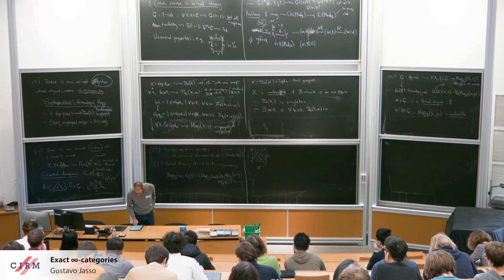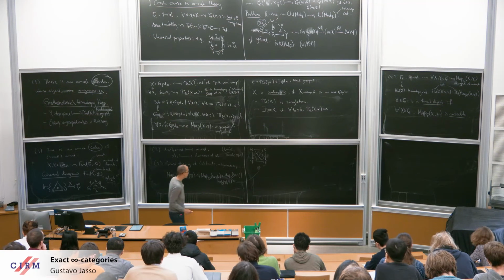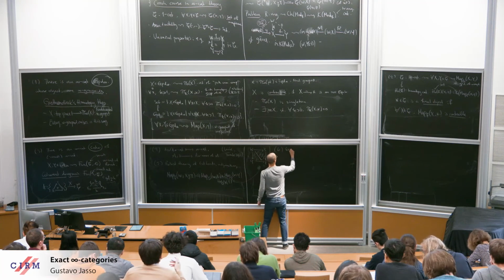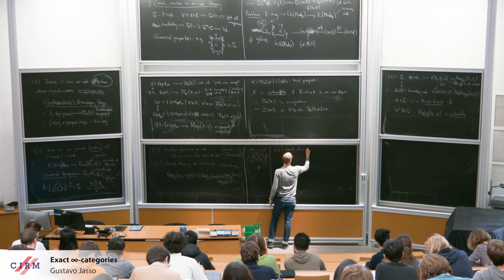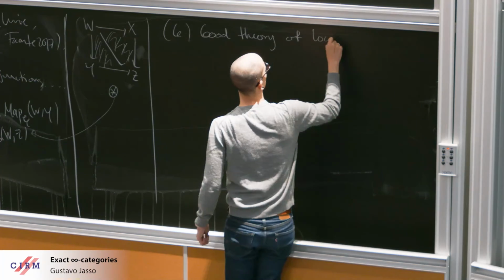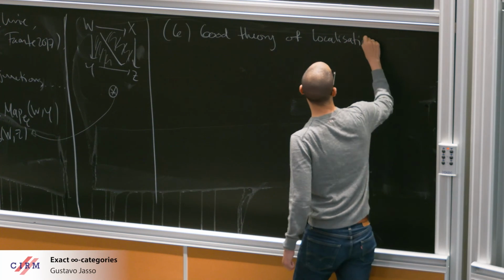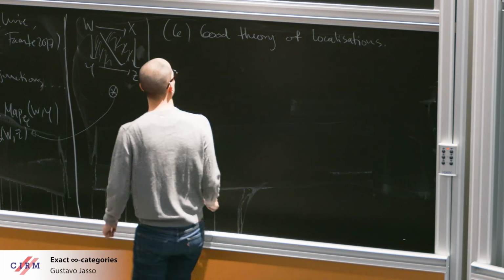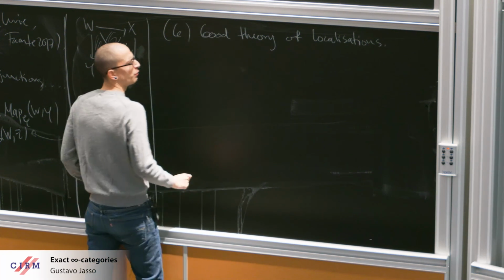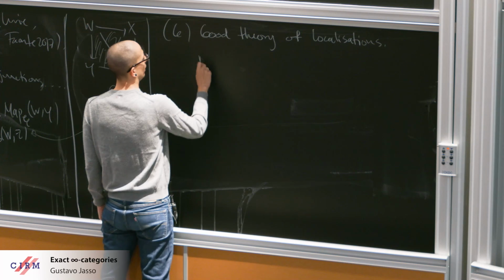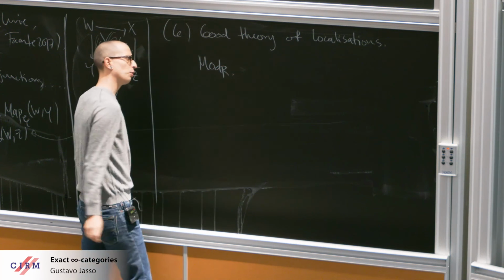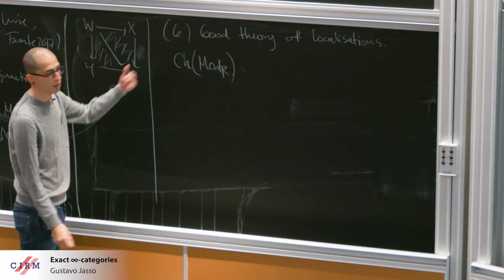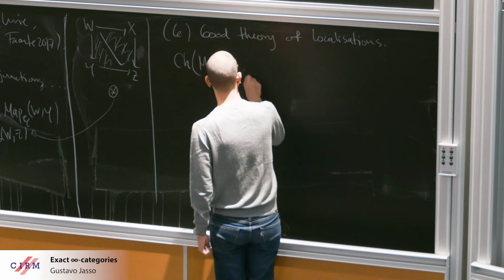And now, to conclude, there is a good theory of localizations. So how to invert maps, arbitrary sets or collections of maps, in an infinity category. And for example, using this theory, if you have the category of modules over a ring, then you can form its category of chain complexes.